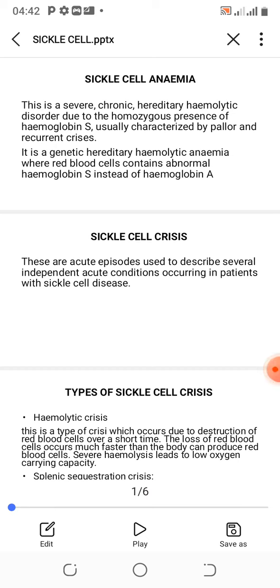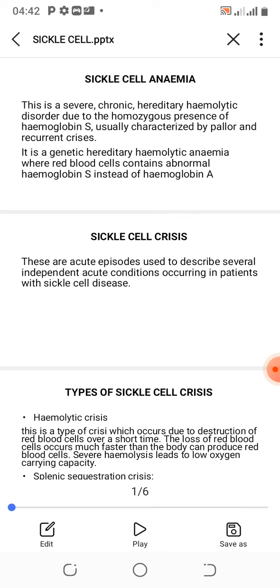Today we are discussing sickle cell anemia, but we'll be focusing on the crisis, the types of crisis. I'll just give a definition of sickle cell anemia: this is a severe, chronic, hereditary hemolytic disorder due to the homozygous presence of hemoglobin S, usually characterized by pallor and recurrent crisis.